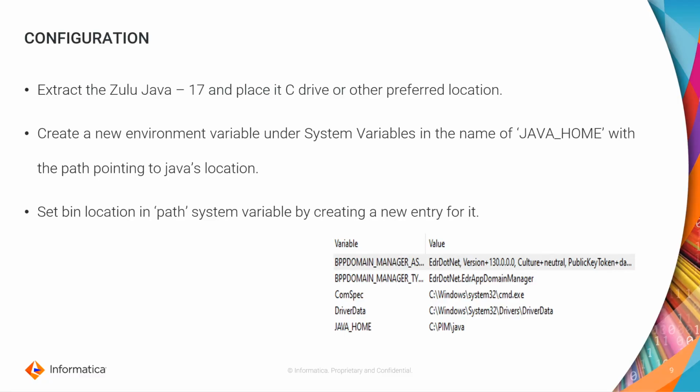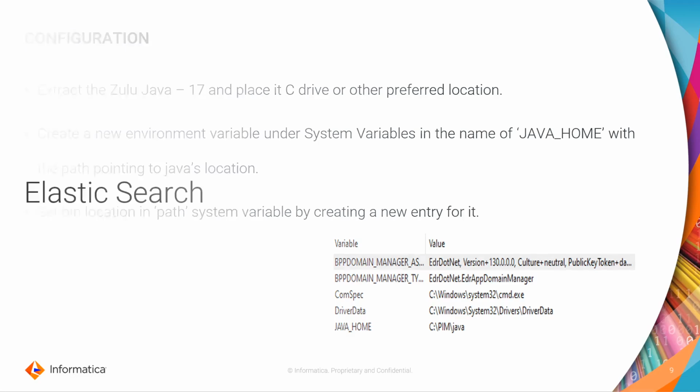After that, we'll create a variable under system variables with the name JAVA_HOME. This JAVA_HOME is very important because it is used internally by P360 to find the path for Java. Add this JAVA_HOME as shown in the image below. Once added, add it to the Path variable entry, which we'll discuss in the demo.